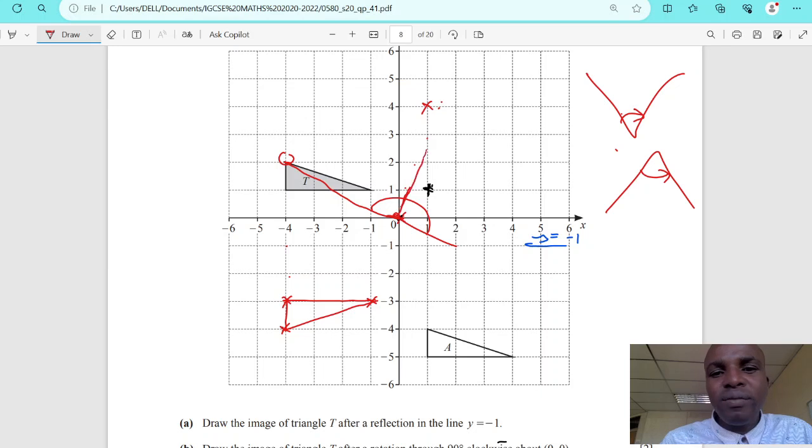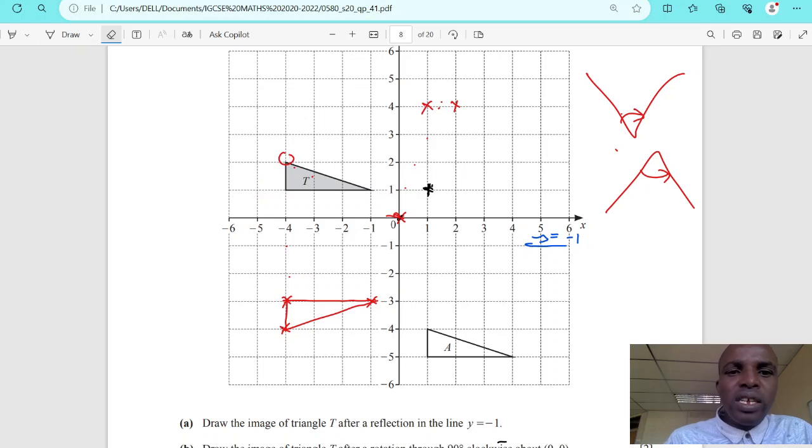So along this line, something like this. So you measure the distance of this point from the center, which must equal the distance of the image from the center. Then you count how many boxes: 1, 2, 3, 4. So it's supposed to be somewhere. The triangle must be of the same size. It must be exactly of the same size.